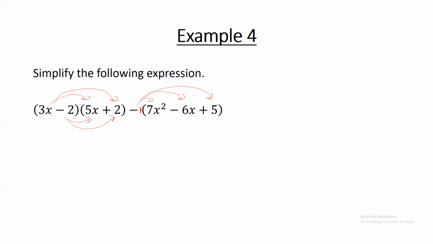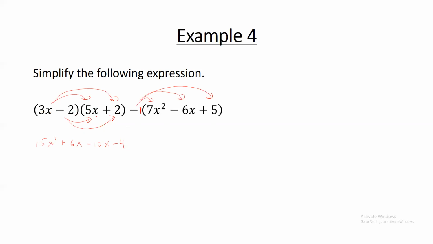And so let's do the multiplication. 3x times 5x is 15x to the 2nd. 3x times 2 is plus 6x. Negative 2 times 5x is minus 10x. Negative 2 times 2 is minus 4.